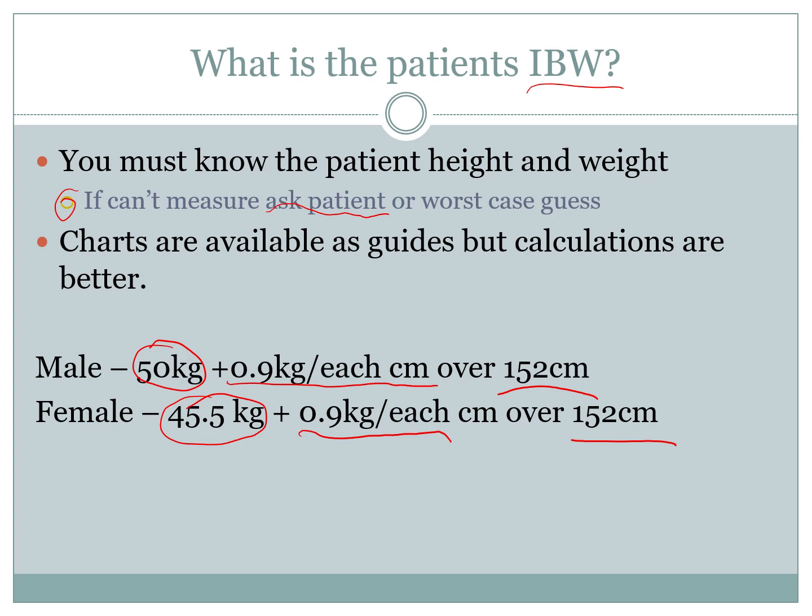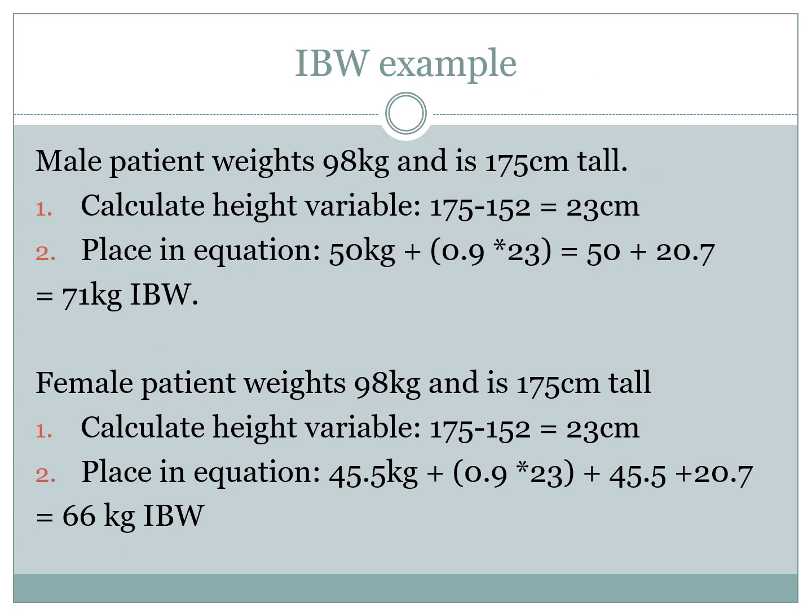Now, going through a calculation, let's just say we have a male that weighs 98 kilos and is 175 centimeters tall. The first step we have to do is figure out the height variable, okay, because then we know what to times it by. So 175 minus 152 equals 23 centimeters.